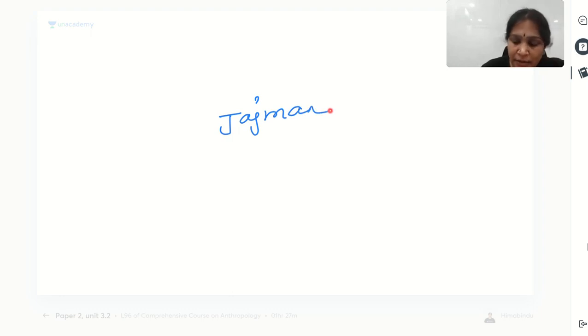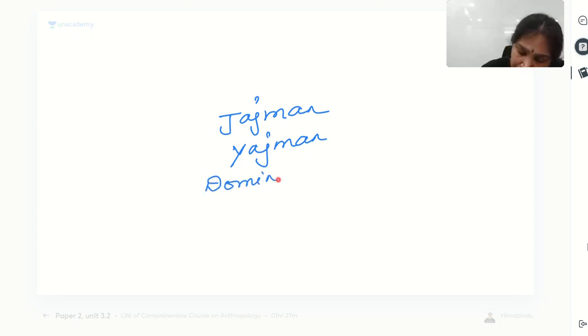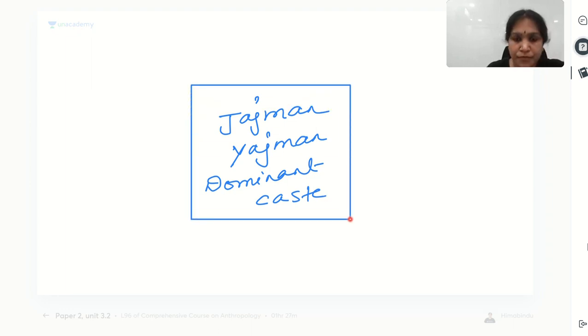The word jajman originated from the root word yajman, that is Lord, owner. He usually belongs to the dominant caste. Is that clear? Now he is in relation with many castes like this.